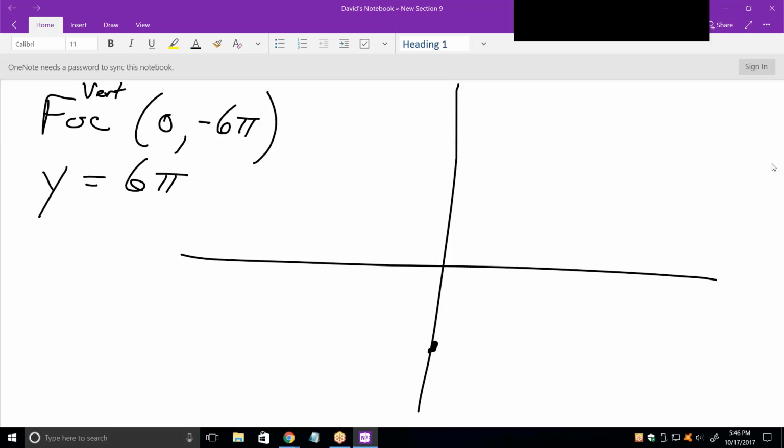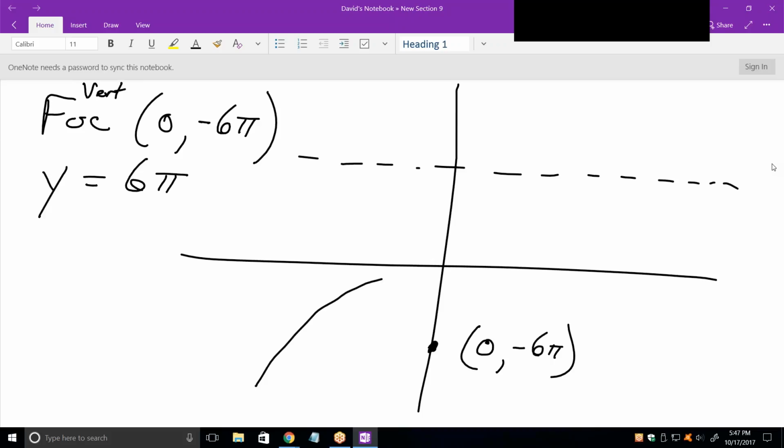Okay. There's my focus at 0, comma minus 6 pi. We know the directrix is a horizontal line. Has to be horizontal. And this thing has to open like that.